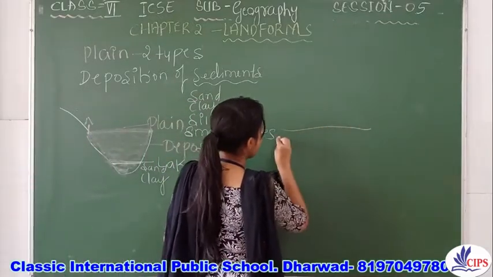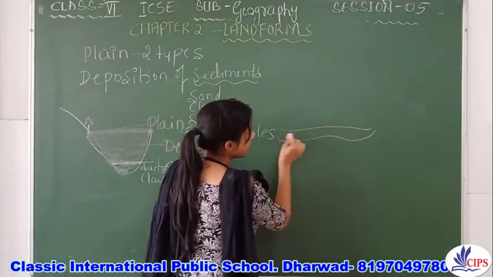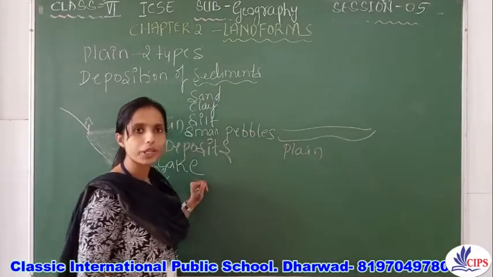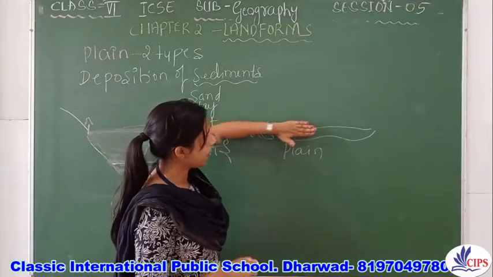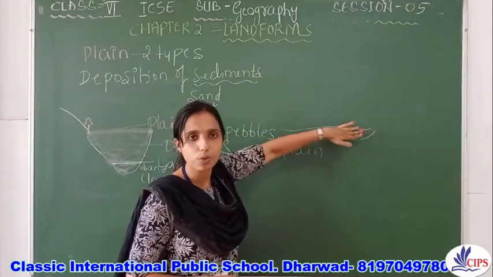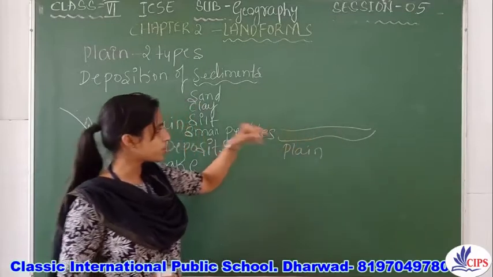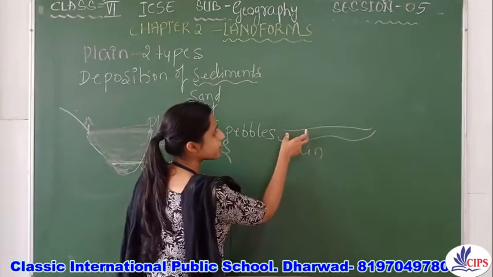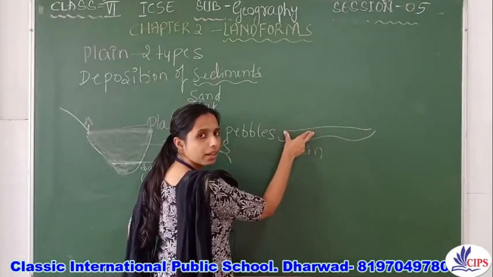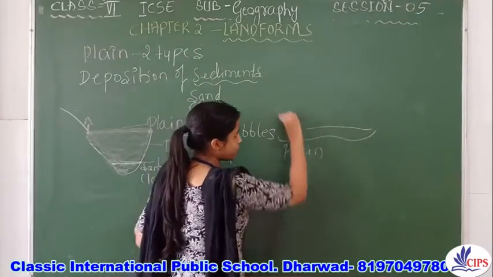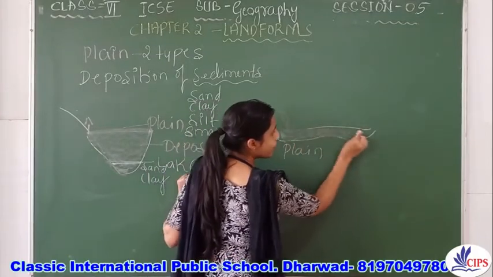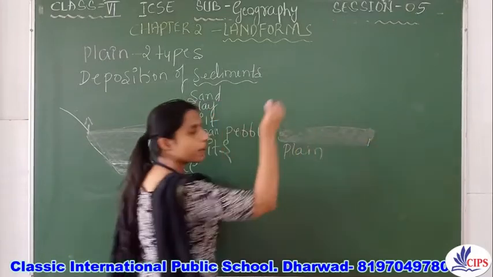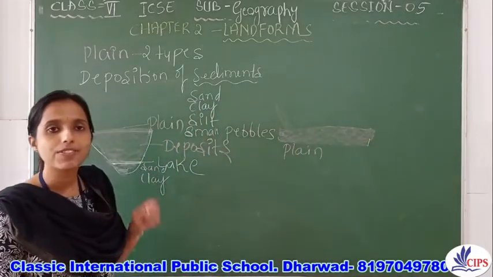If the area is narrow, let's consider this as a plain of India. Earlier the plain was like this. It was a narrow valley. Here some depth was there. But because of the sedimentation, the area got filled up and was converted into a plain flat land.